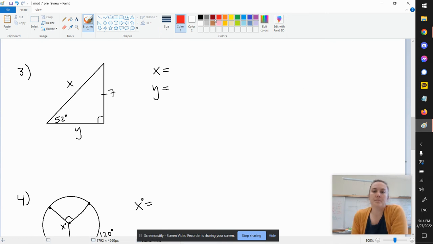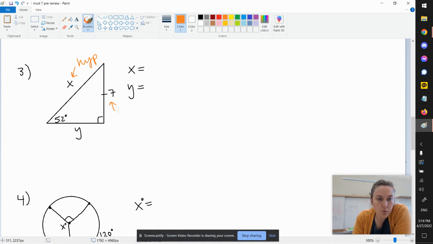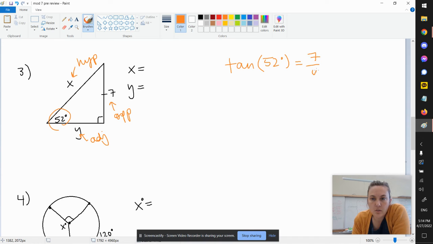Here, when we want to find missing side lengths, we can use trig. So I don't have the hypotenuse, I do have the opposite, and I don't have the adjacent for 52. I'm going to use tangent to find y first. Tangent of 52 is 7 divided by y.